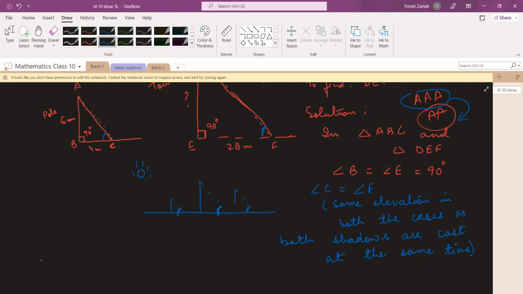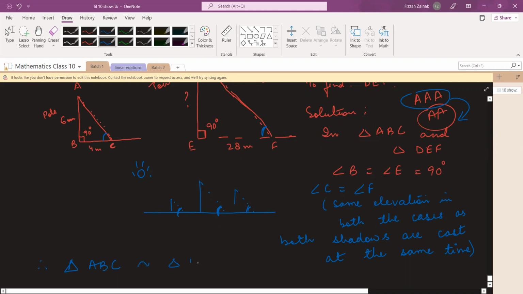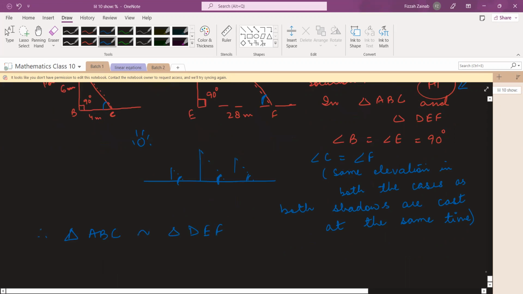Therefore, triangle ABC is similar to triangle DEF. And now because they are similar, the sides are in proportion. So AB by DE will be equal to BC by EF.